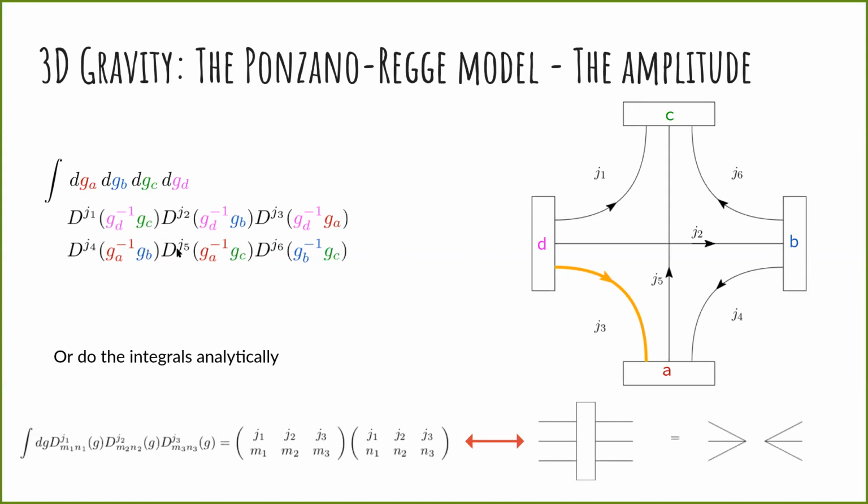So the full expression at the end is completely gauge invariant in the sense that if I perform a gauge transformation of one edge, this will produce a group element, if you want, on the left and on the right of the box, that is then completely reabsorbed by the others, because you have a single group element that comes, for example, let's do a gauge transformation A, okay? So this will produce group elements here, here, and here.